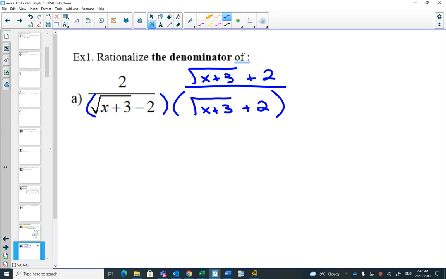This is a very interesting advanced strategy, because if you would tell someone back in grade 9, what are some of the advanced things you do in calculus? One of them is multiplying by 1. And they're like, ooh, that sounds very advanced.